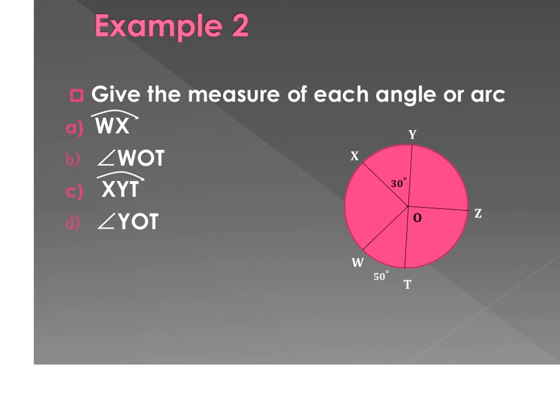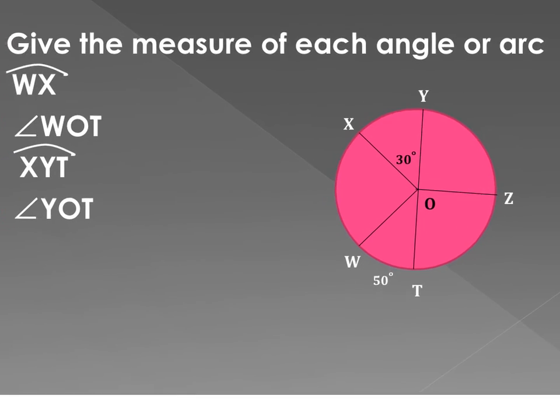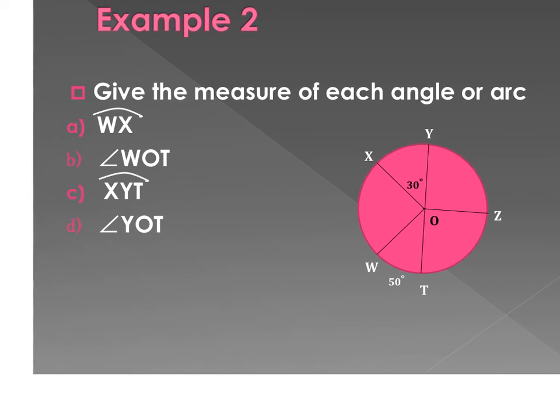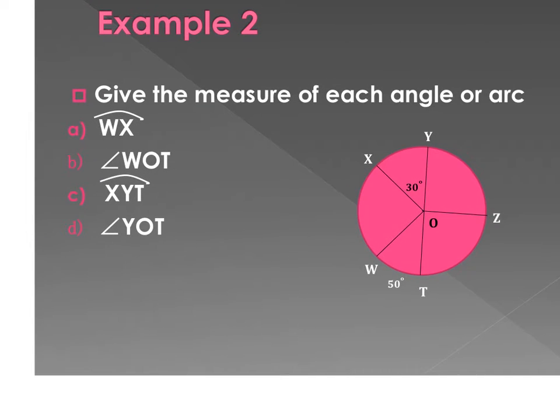Okay, so it wants us to give the measure of each angle or arc. Let's go ahead and fill in our picture. Again, let's think of this as like a puzzle. So notice that when we have a central angle, we know the arc length is going to be the same.